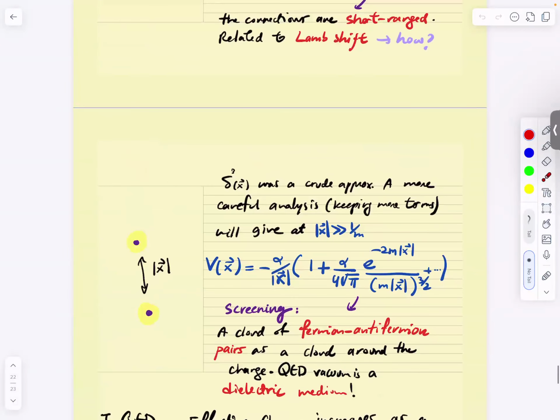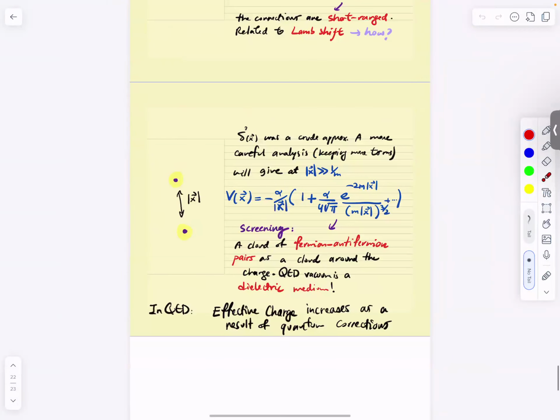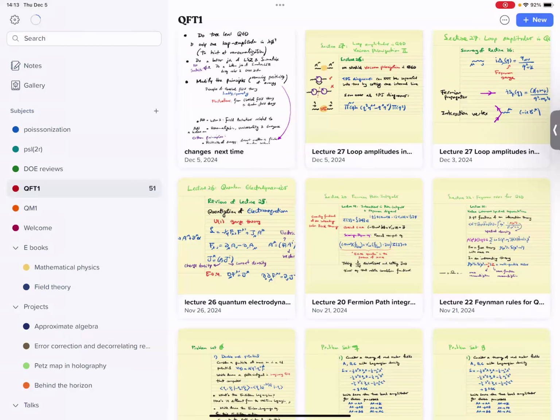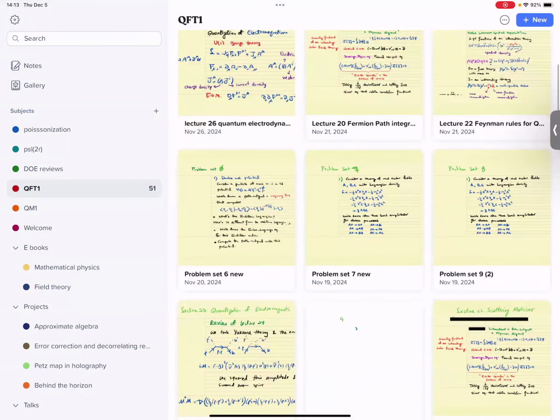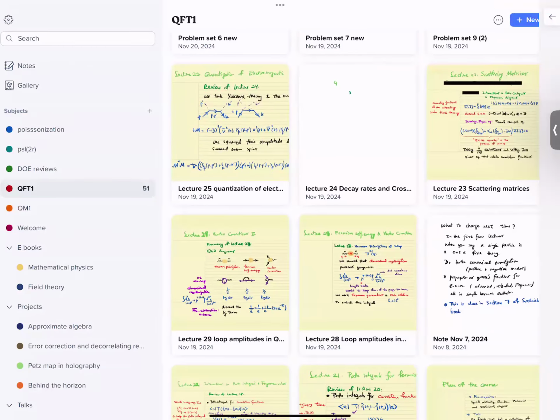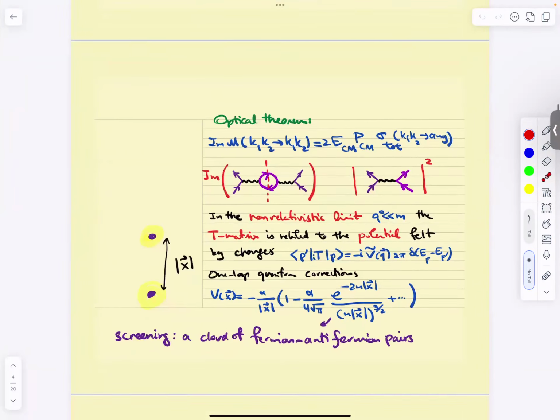All right, any questions about this? Now I should go to the previous file. Optical theorem here.